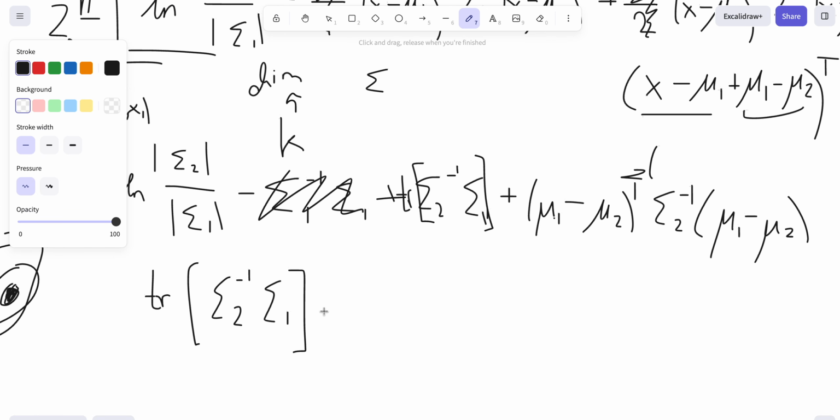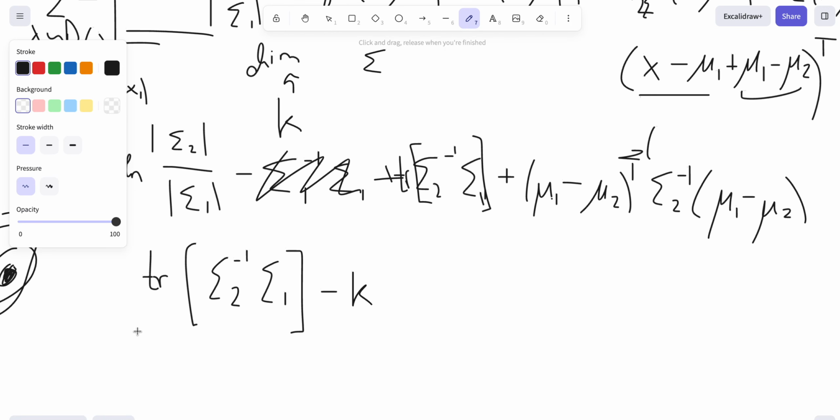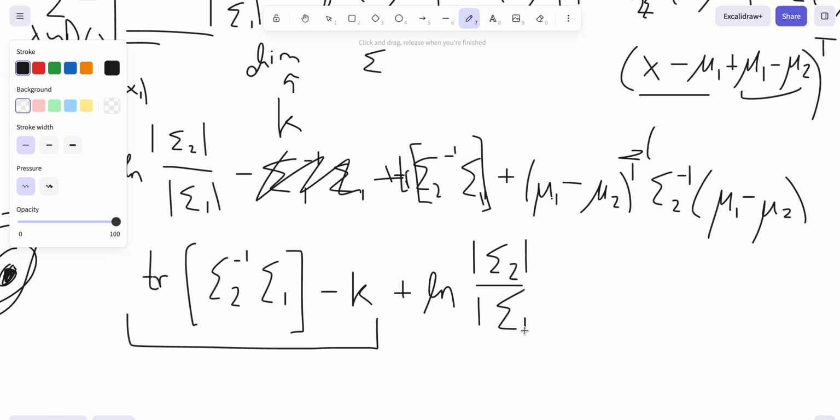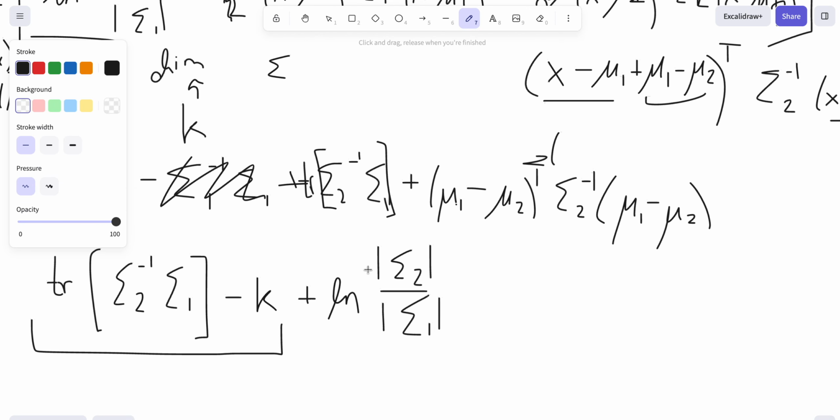And so we subtract this from the number of dimensions. This describes the ratio between the two different probability distributions in terms of their volume, and how similar the variances of the two distributions are in terms of their orientation, if that makes sense, because that's what the ratio of the determinants tells us.